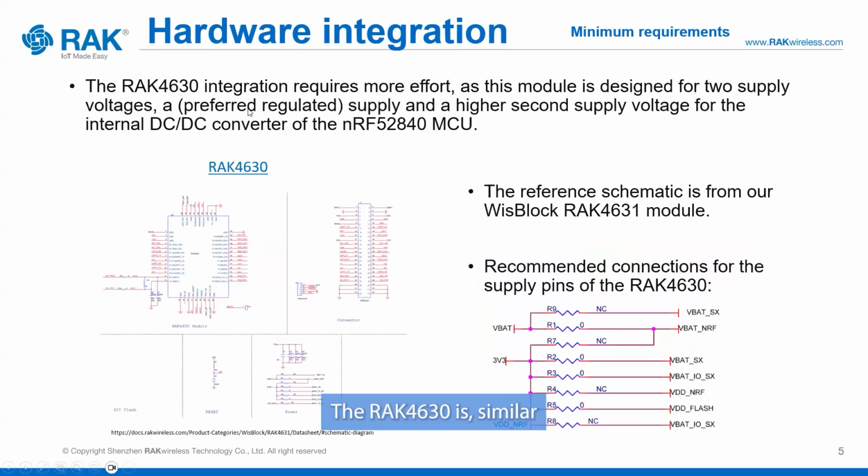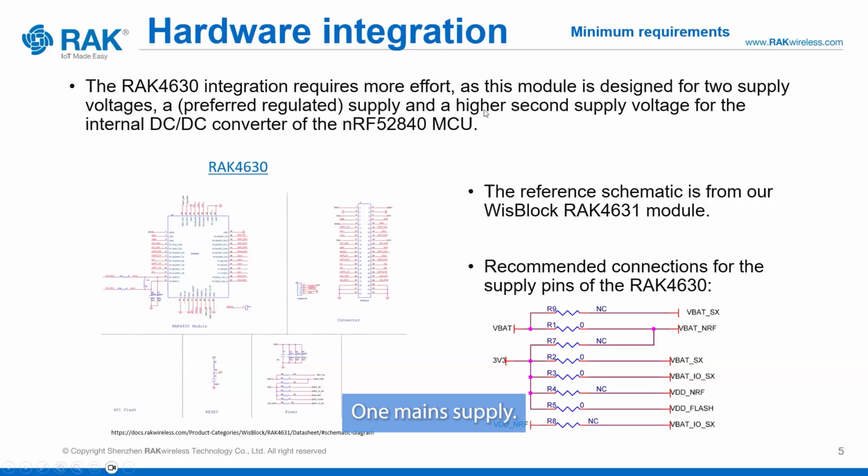The RAK4630 is similar to the RAK11720, a module with a more powerful microcontroller, more flash memory, and more RAM available for applications. It is a little bit older module than the Apollo3 RAK11720, and different to the other two modules, it requires two supply voltages.